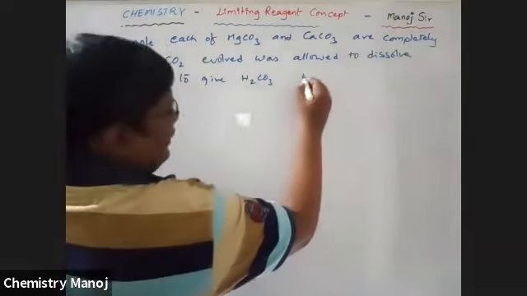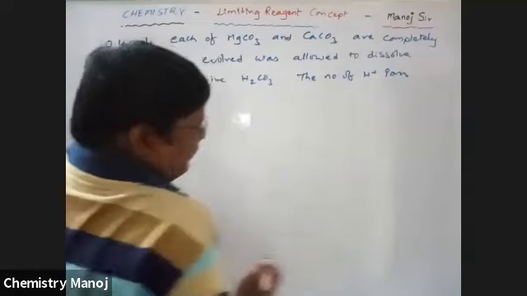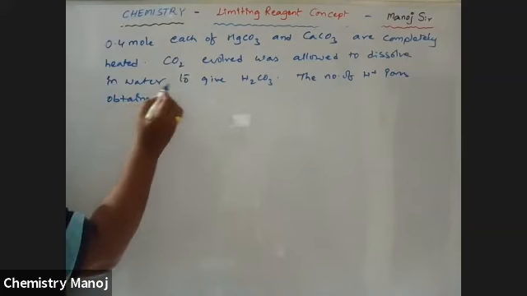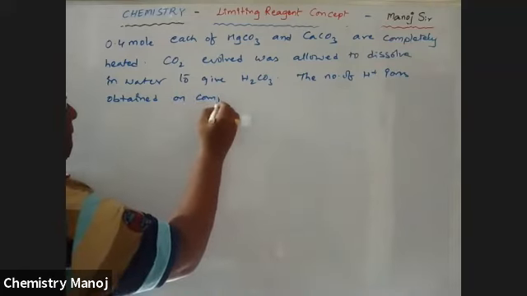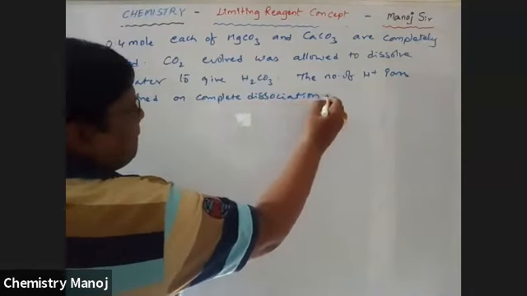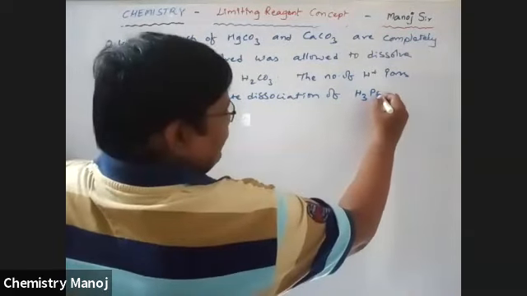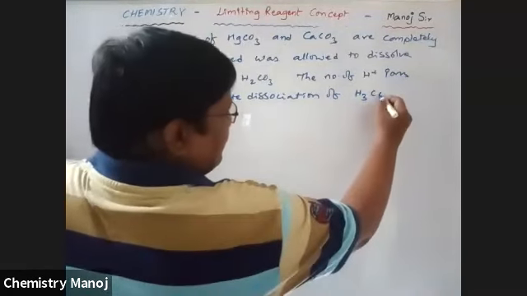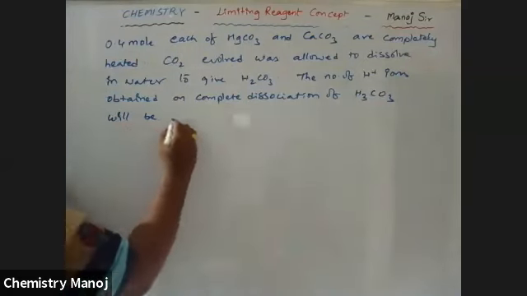The number of H plus ions obtained on complete dissociation of H2CO3 will be dash N0.